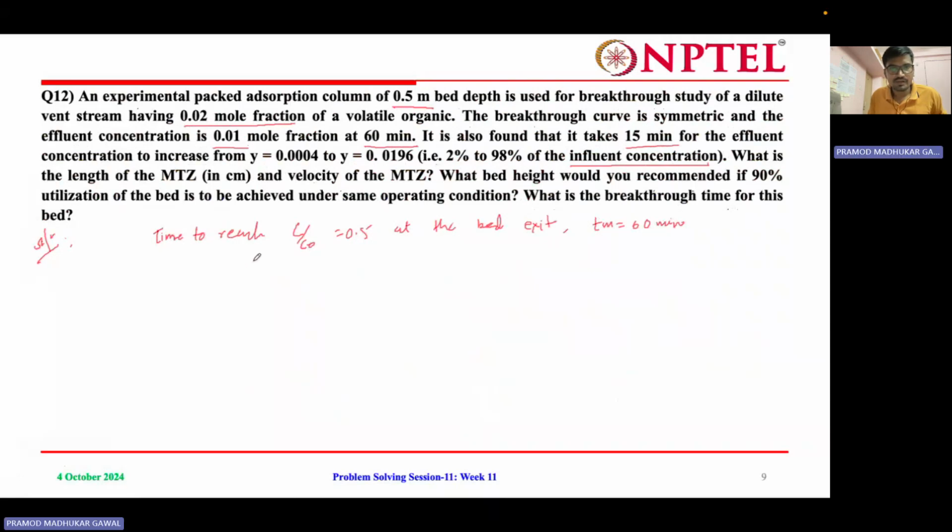The bed length is 0.5 meters. So convert 0.5 meter into centimeters, 50 centimeters, right? Now first calculate the velocity of the empty jet.